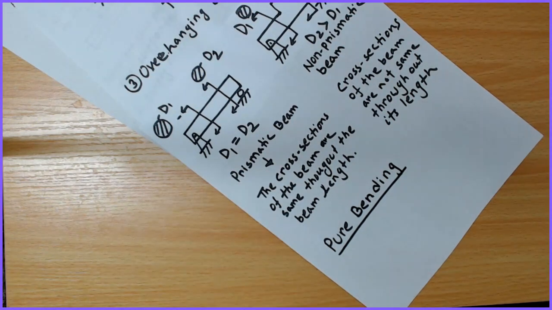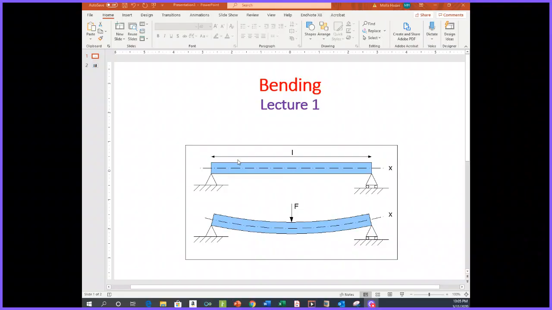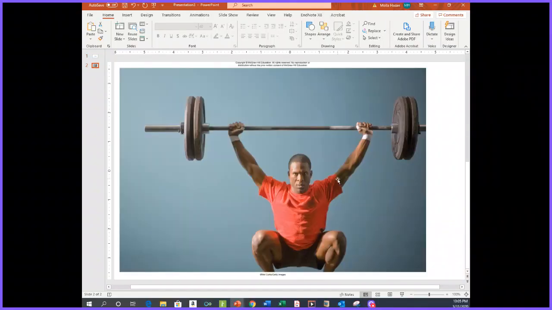I want to show you one example here. As you see, this athlete lifts a weight bar.